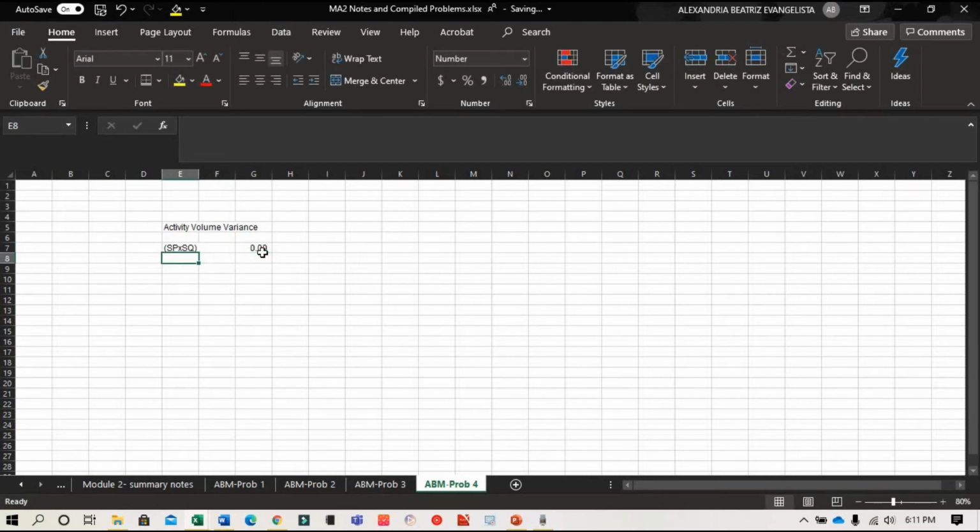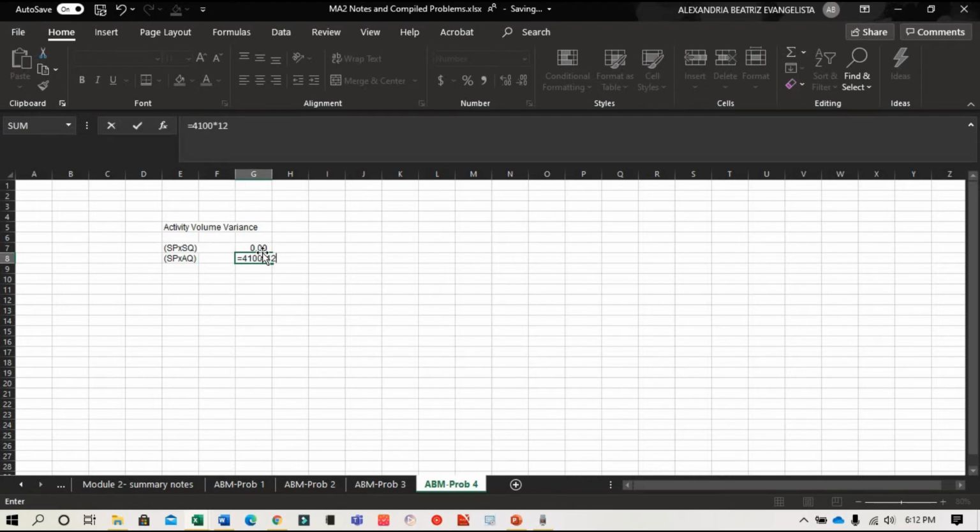And then let's get the product of SP multiplied by AQ for the practical capacity, which is 4,100 multiplied by 12.